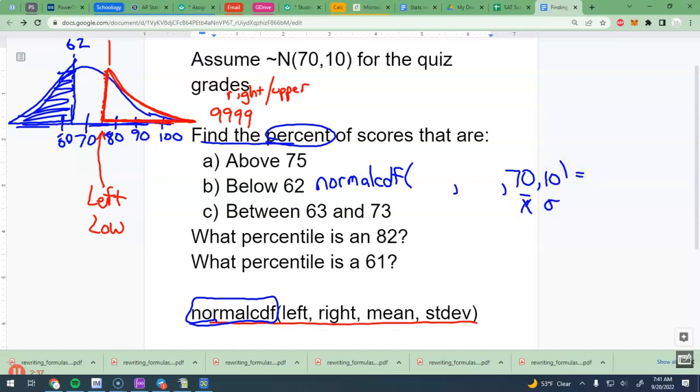What is the left hand bound of that shape? Negative 999. So the left hand is all the way over here, negative 999, and the right hand is the 62. Does that make sense how I'm getting those two as the left and the right? So you're going to type those in.